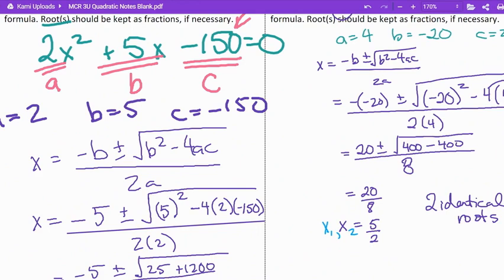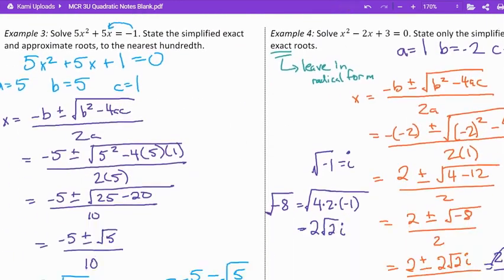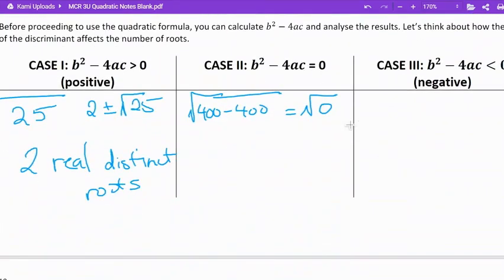Distinct or identical? Identical, right? Team Wood had that great question. Well, can I just write x1 and x2? Absolutely, because what you're saying is I know they're 2 roots, and I also know they're identical. So if you do the discriminant and you get it equal to 0, that means we have 2 real identical roots.